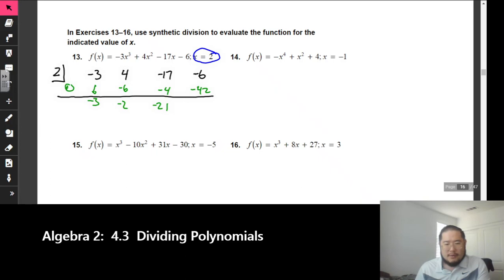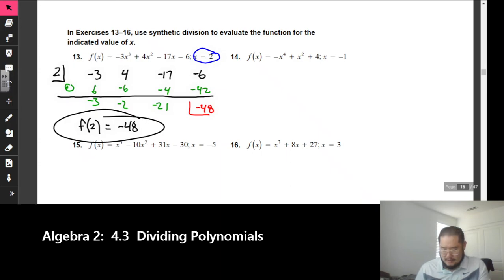And what I end up with right here is -48, my remainder. What this remainder actually is, is the answer. If you were to plug in 2 into the function, you would end up with -48, is what they're saying. How will I write my answer? Well, f of 2 is equal to -48. And there you go.